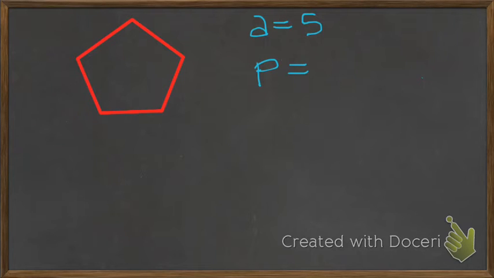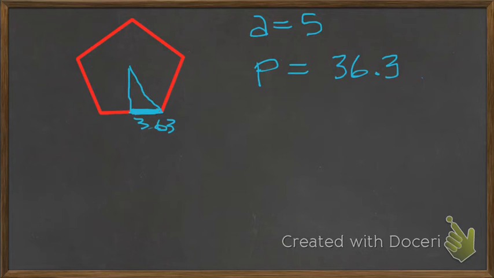Okay, so from the previous screen, we know the apothem is 5. Let's see if you can find the perimeter. The perimeter is 36.3 because using our trig from earlier, we found this side here to be 3.63.